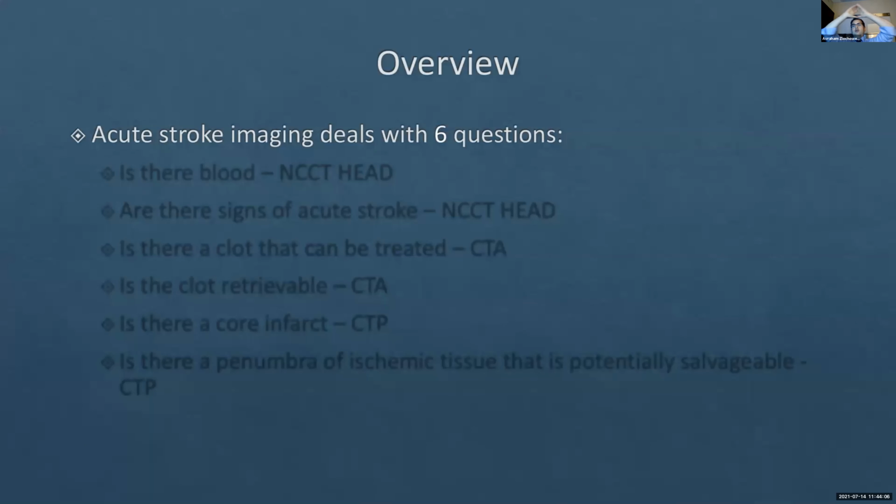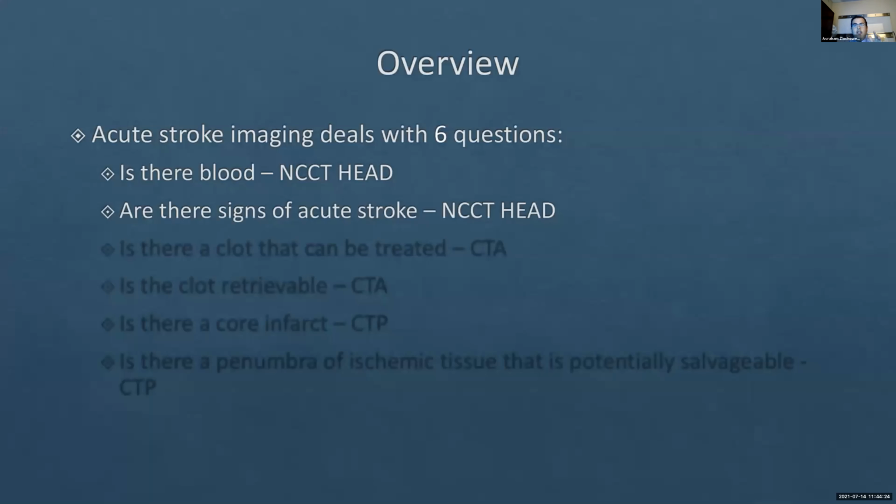So now we're going to talk about stroke imaging. The way I break it down is that when we have a patient on the table for a stroke code, there are 6 questions I want to think about. Number 1, is there blood? We're going to use a non-contrast CT head, which we'll discuss. Are there signs of an acute stroke already on the CT?